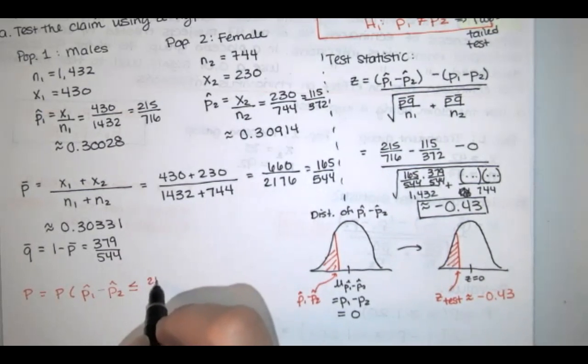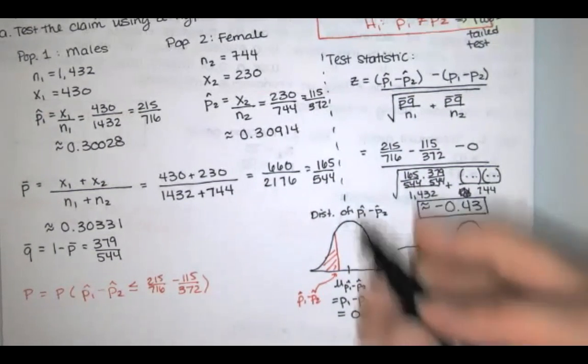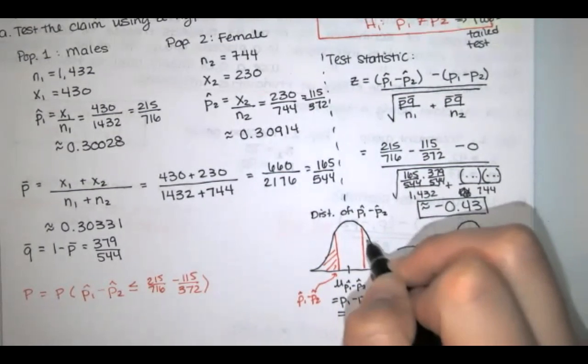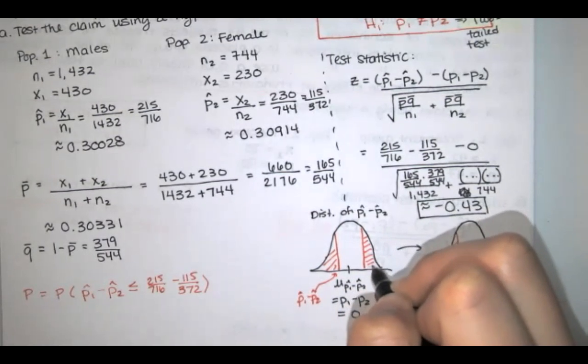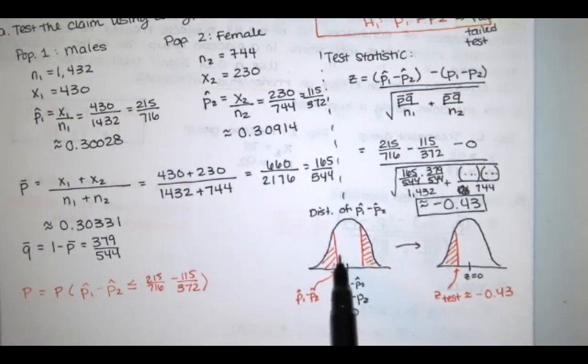That was this. Or p1 hat minus p2 hat is greater than or equal to the same value, but positive on the other side. So this area is the same as this area.